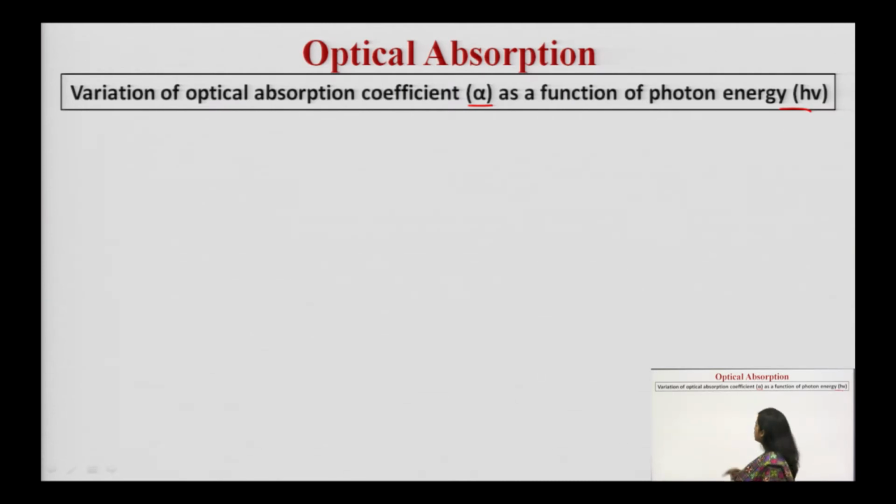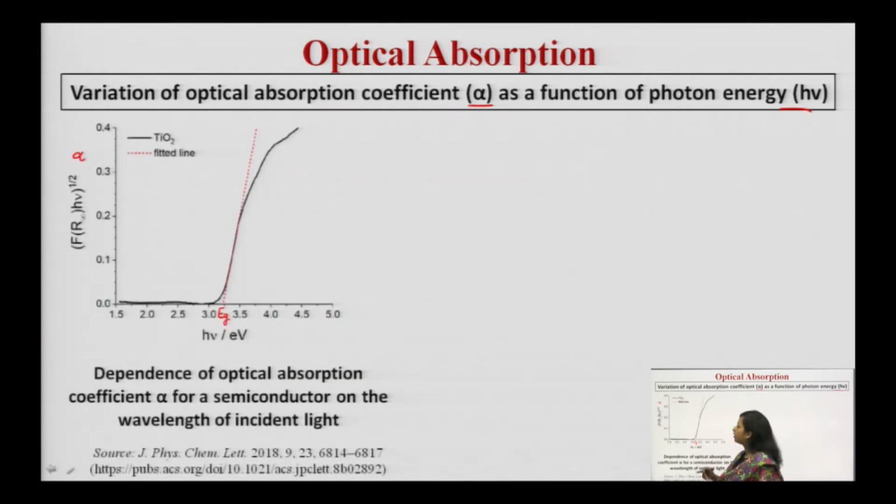How to plot this variation? You can see on the x axis the photon energy is taken, while on the y axis the absorption coefficient is taken, and the behavior has been plotted here. This is the dependence of the absorption coefficient alpha for a semiconductor on the wavelength.